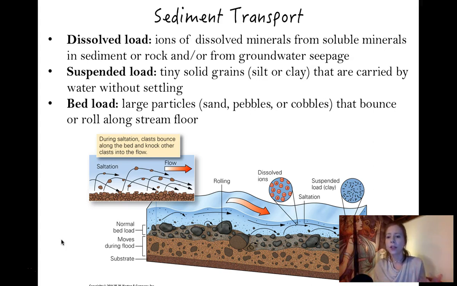It requires a still environment for clay to settle out fully, like a pond or a lake that's very, very still. Clay isn't really going to settle out in a moving river. Bed load, that's the large particles, sand, pebbles, cobbles that bounce or roll around the stream floor. That would be called saltation, when you get these bouncing particles that go along, moving in the same direction as flow.